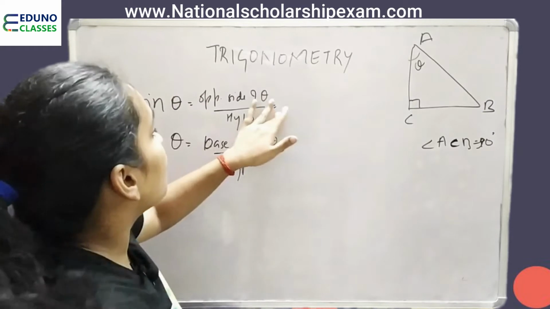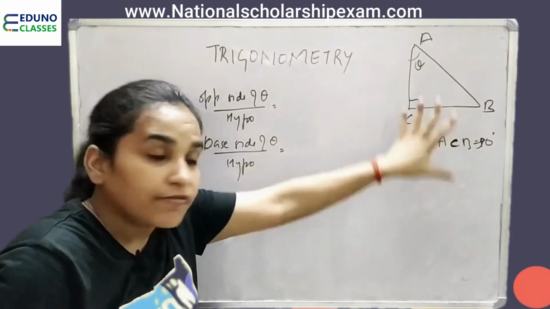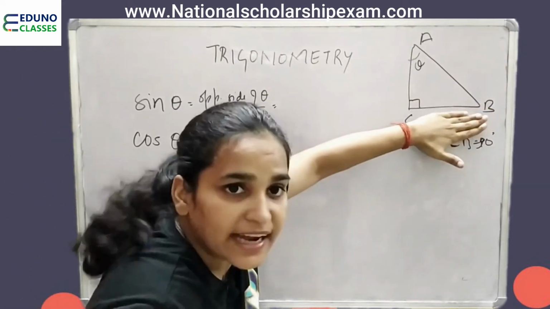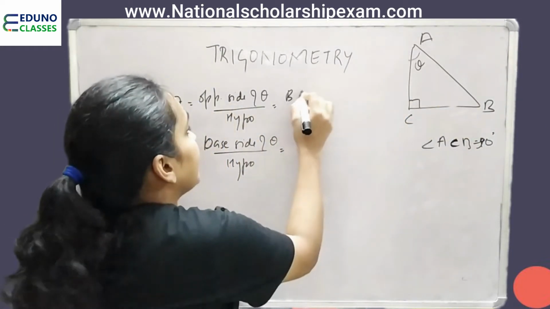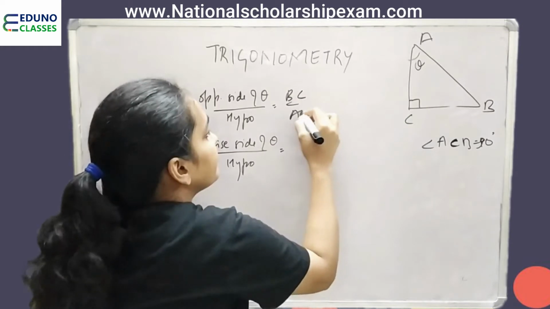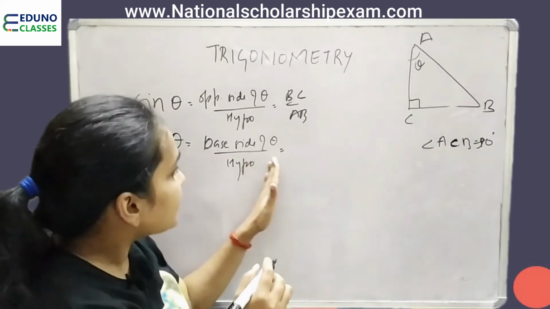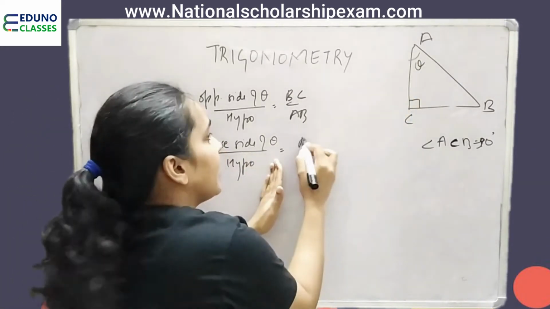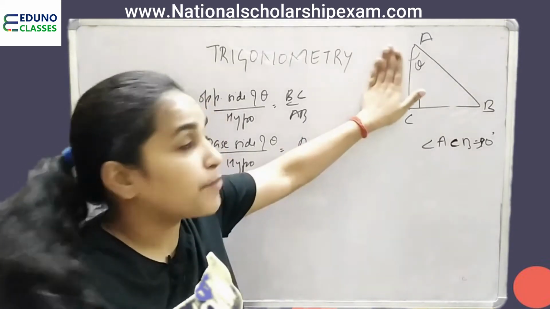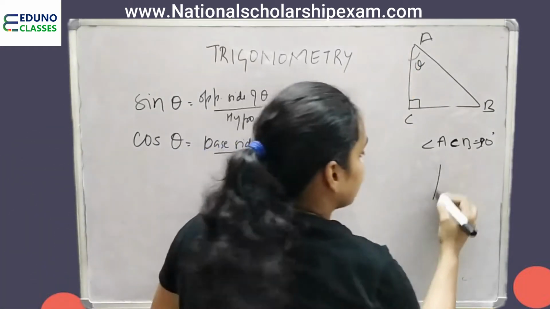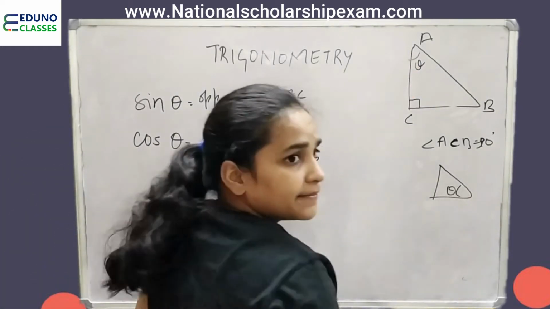Now for this particular triangle, the opposite side of theta is BC and the hypotenuse is AB, so sin theta is BC upon AB, and cos theta becomes the base side of theta, which is AC, upon AB, the hypotenuse.